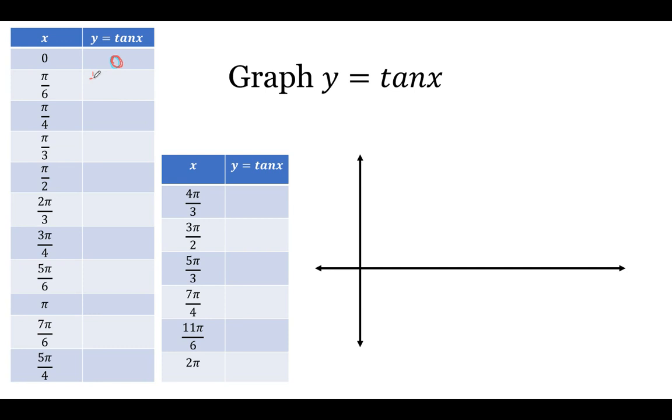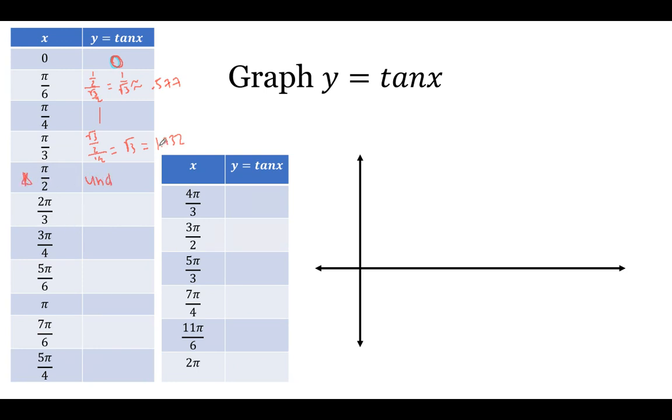Right, at pi over 6, you're going to have 1/2 over root 3 over 2, which is going to give you 1 over root 3, which is approximately 0.577. Pi over 4, it's going to be 1. Pi over 3 is going to be root 3 over 2 over 1/2, which is just going to be root 3. So this one goes outside 1, right? So it's going to give you about 1.732. At pi over 2, it's undefined.